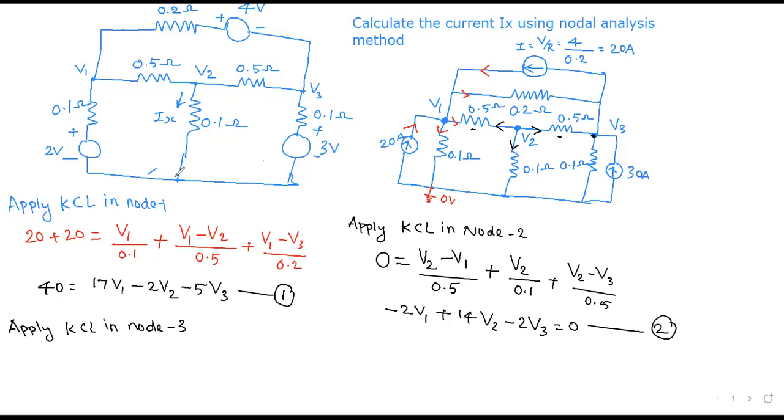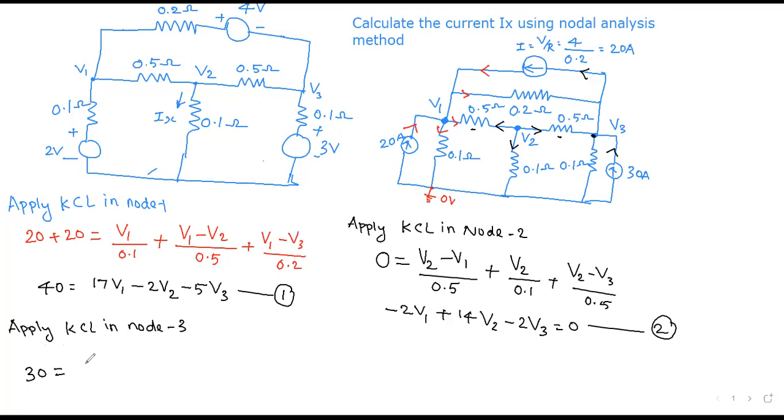So here for node 3, we have two current sources connected, right? Current entering the node equals current leaving the node. Here the current entering the node is 30 amps, am I right? Now the current leaving the node is 20 amps. This current is entering the node, and this current is leaving from this node.